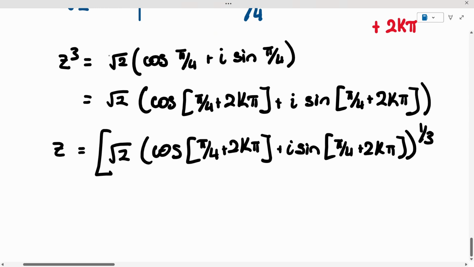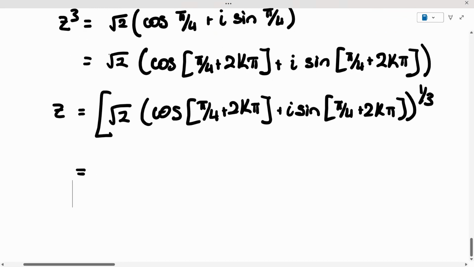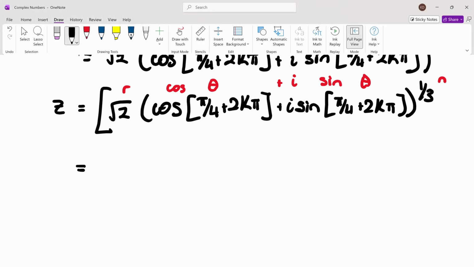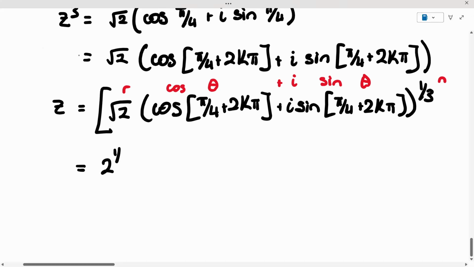Nice. So now we can use De Moivre's theorem, right? Because we have r cos theta plus i sine theta to the power n. So we get r to the power n, so root 2 to the power 1/3, which is 2 to the half to the 1/3, which is just 2 to the 1/6.